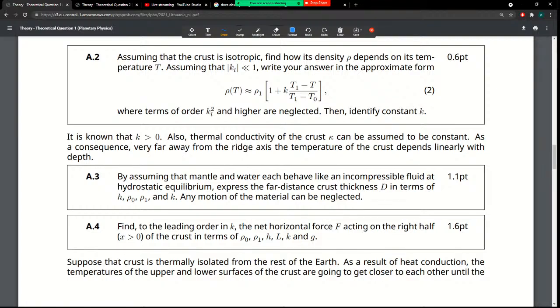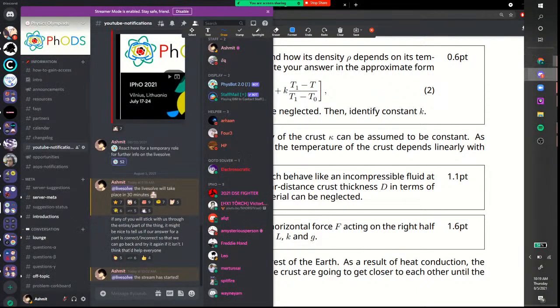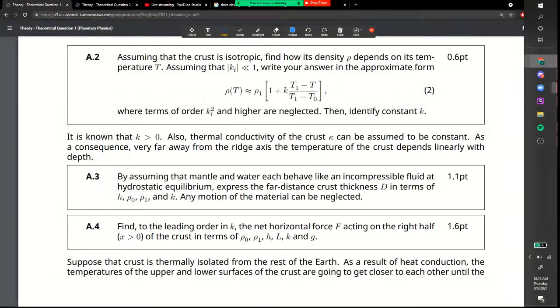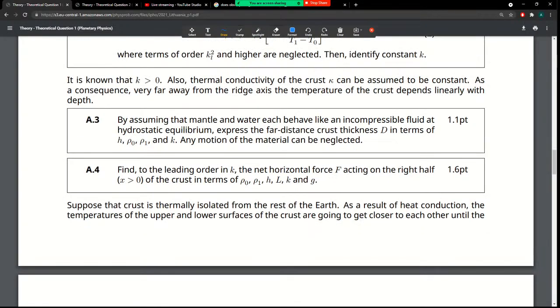Okay, why did they tell us thermal conductivity is constant and the temperature of the crust depends linearly with depth?